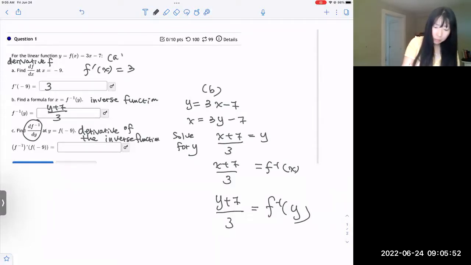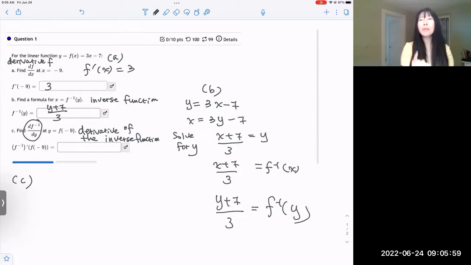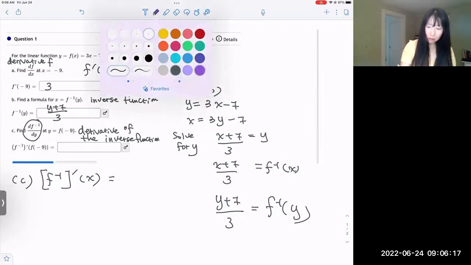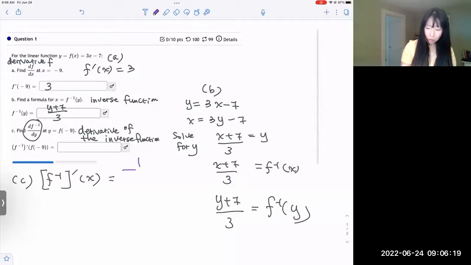Then let's take a look at part C. We have the formula for the derivative of the inverse function. So we denote it this way: f inverse prime of x. Then this formula says 1 over f prime of f inverse of x.